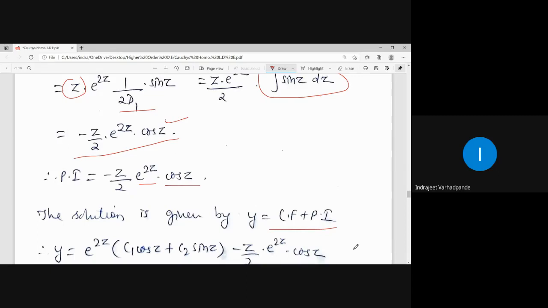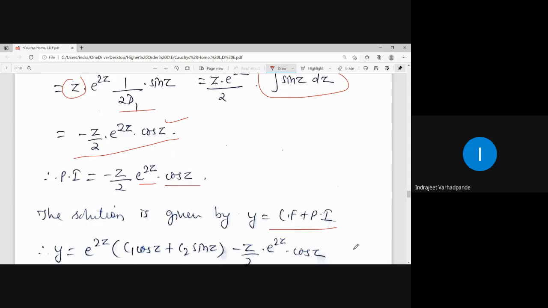The solution is given by y is equal to CF plus PI. y is equal to e to the power 2z into (c1 cos z plus c2 sin z) minus z by 2 e to the power 2z into cos z. How is e to the power 2z written? As x to the power 2, that is x square, right? z is written as log x.